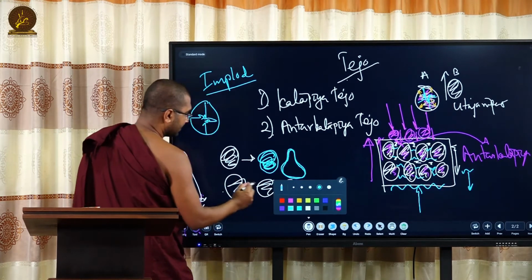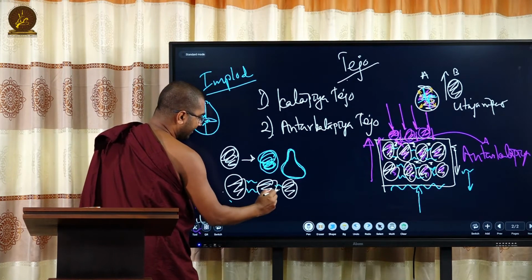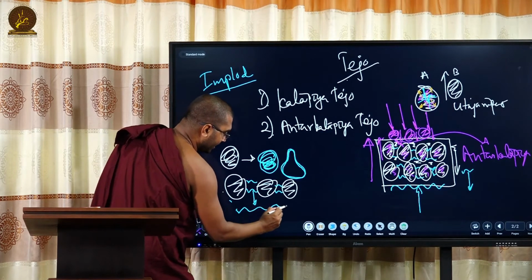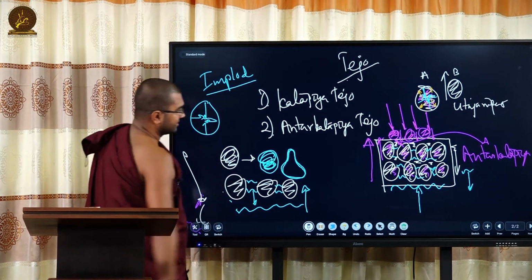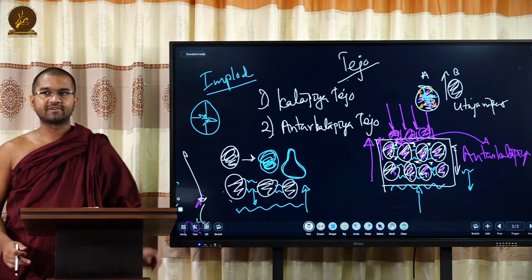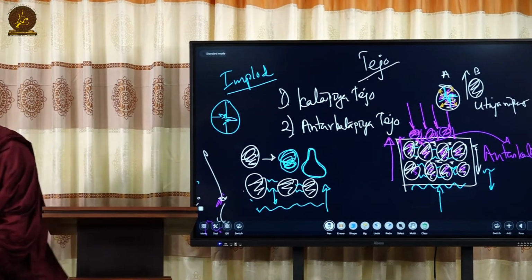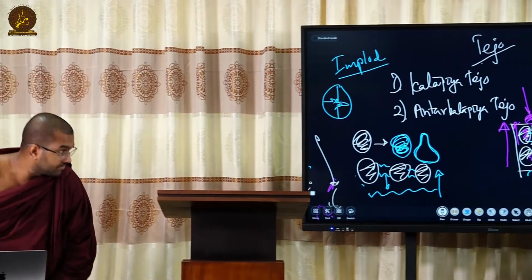The attraction between the kalapas reduces, but at the same time, as a material body, the fluidity increases. So when we say the antarakalapi apo increases, we are talking about the fluidity, the liquid nature, not about the bondage between the kalapas.